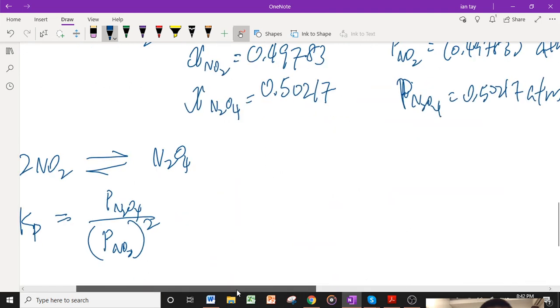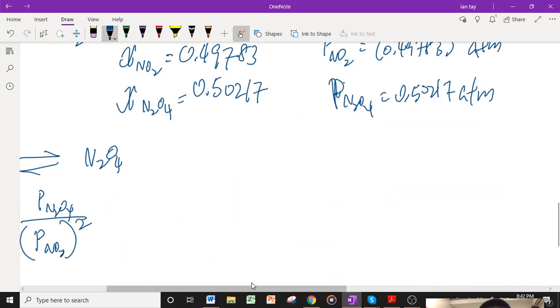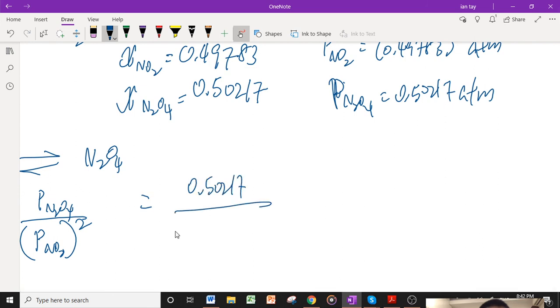Very simply, it will be partial pressure N2O4, 0.50217, divided by 0.49783 squared. So you get 2.03 ATM minus 1, 2.03 per ATM.